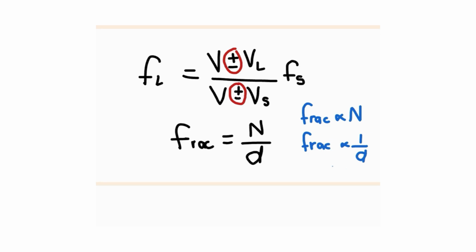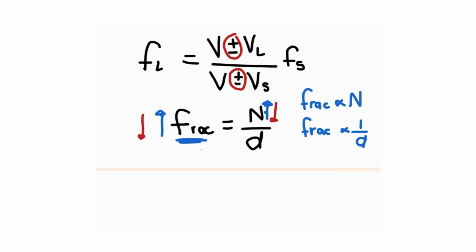So this would mean that when the fraction increases, whatever is on this side of the fraction, this part is also going to increase. An increase in the fraction will cause an increase in the numerator, and a decrease in the fraction will cause a decrease in the numerator.